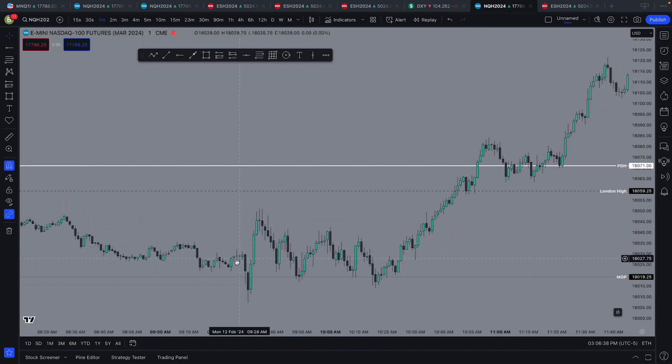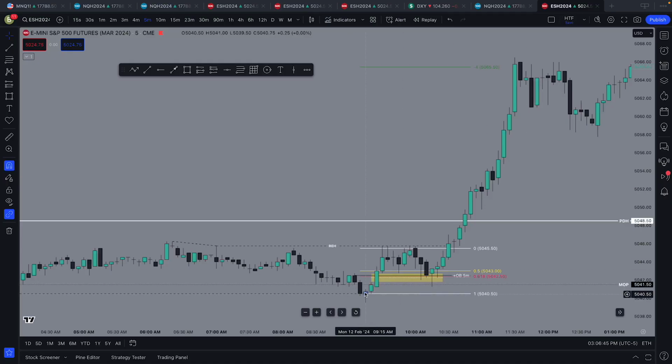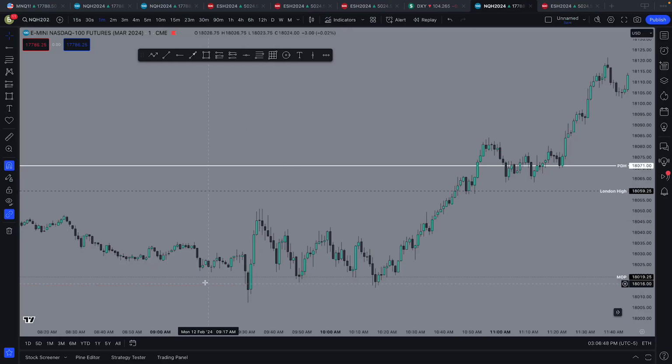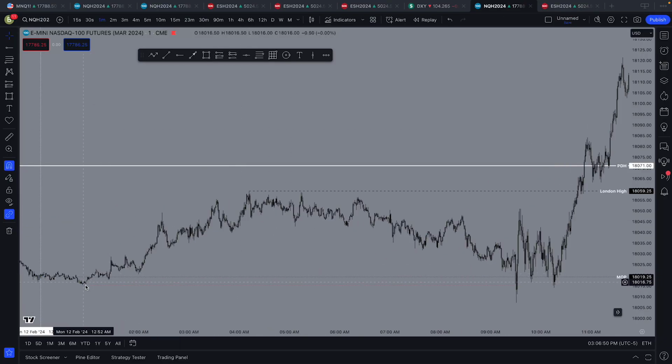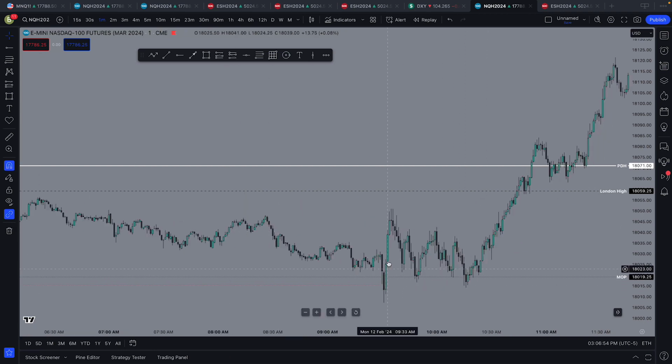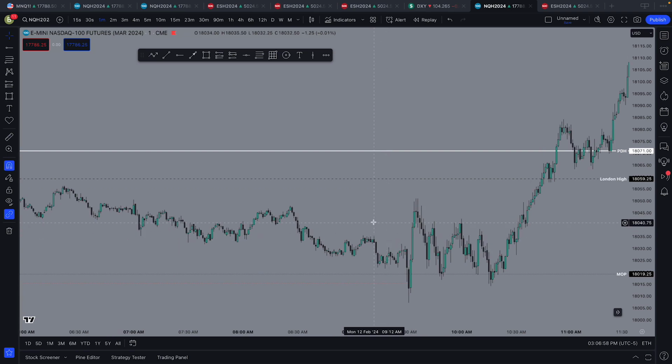So coming into New York Open, right here, we immediately on New York Open have our stop raid similar to how we did on ES right here. So that ran out this low here and the liquidity over there, and then immediately displaced higher, same as it did in ES.